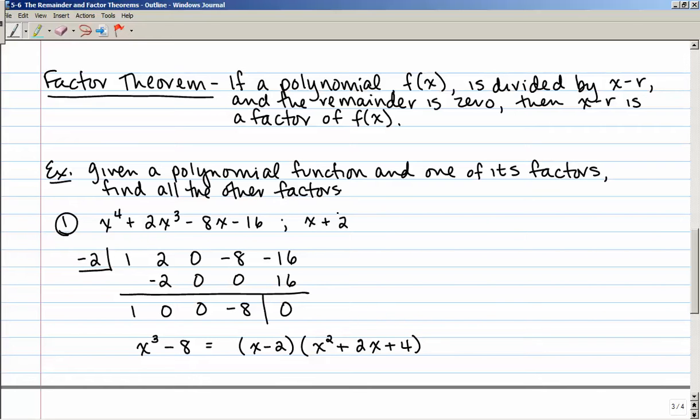So, given that one of the factors of my original polynomial is x plus 2, the other two factors are x minus 2 and x squared plus 2x plus 4.